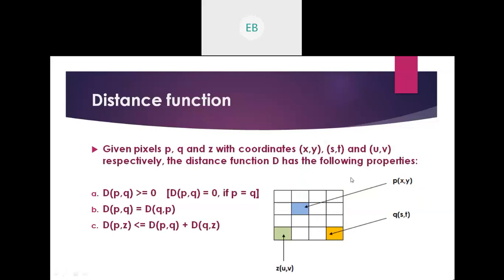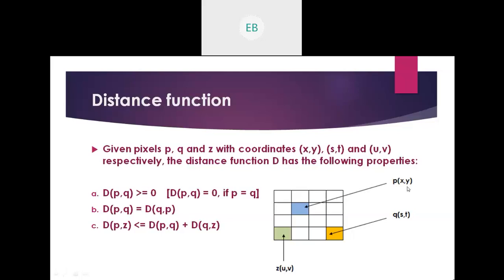I'm again reminding you that suppose here I am taking a 4 by 4 image, that is 4 rows, 4 columns. Suppose we have been given 3 particular pixels, say P, Q, and Z, with coordinates x, y, s, t, and u, v respectively.